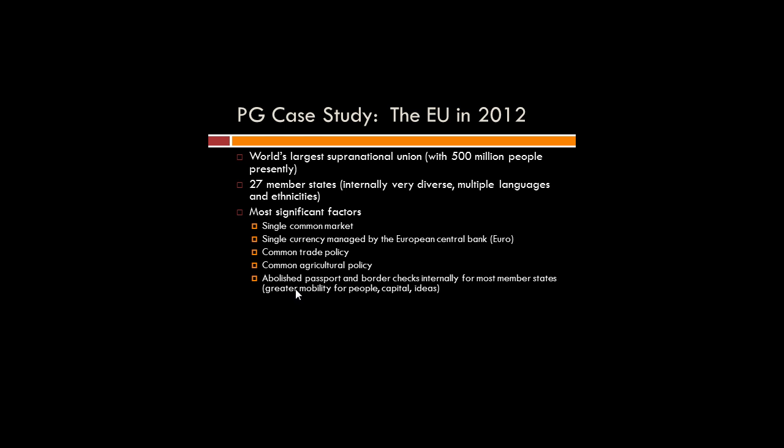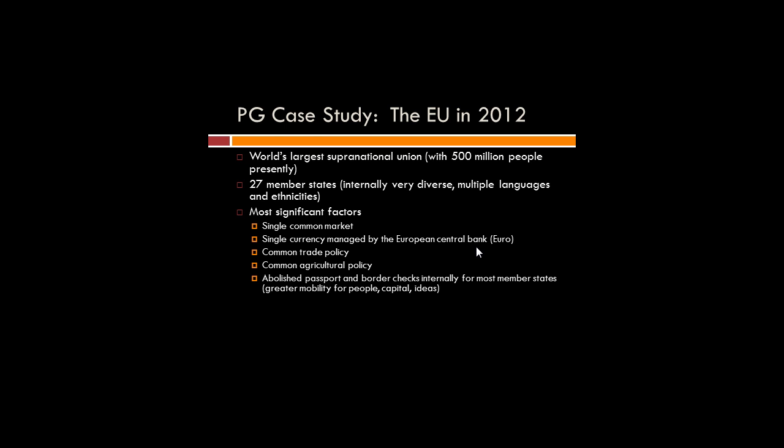And let me explain what some of them are. Today in the EU, you have a single common market. Imagine that, 30 years ago, you didn't. Each individual state had their own marketplace, and they had their own tariff system and their own trade policy. Well, that's all gone now, and they've moved to a uniform, single common market. They also have that single currency called the euro, which is managed by a single central European bank.